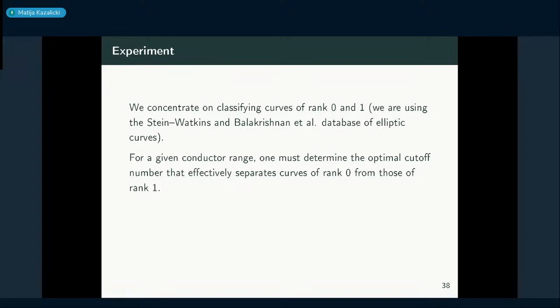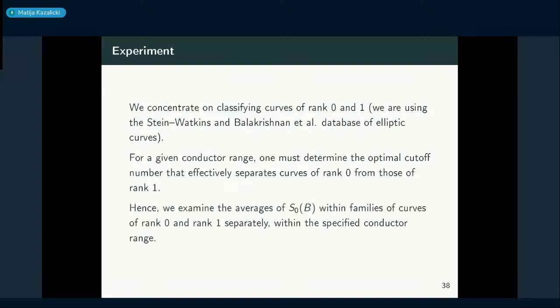What one needs to do here is kind of straightforward. For a given conductor range, you must determine the optimal cutoff, the number that will separate in an optimal way curves of rank 0 from those of rank 1.